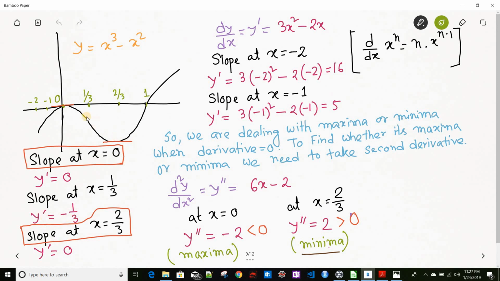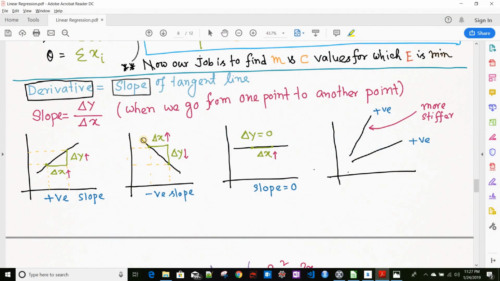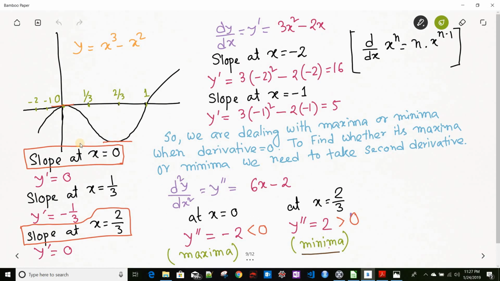That means the slope is negative, so we are talking about this kind of graph. What the derivative is telling me is that till this point the slope was positive but continuously decreasing, so the curve is going upwards, and at this point the curve reaches its highest point. Then it continuously goes towards the negative slope.